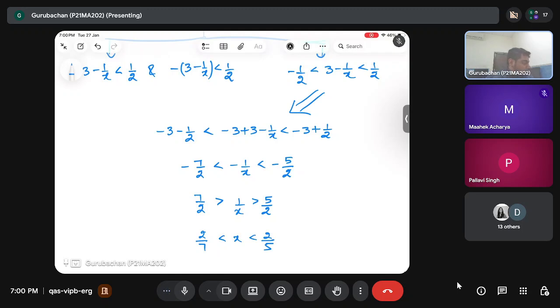Any doubt? I guess someone is saying that no real number exists, but here it does.